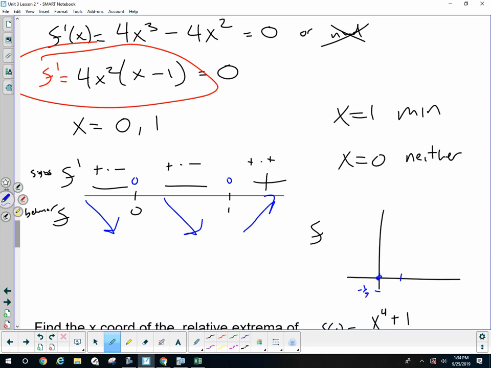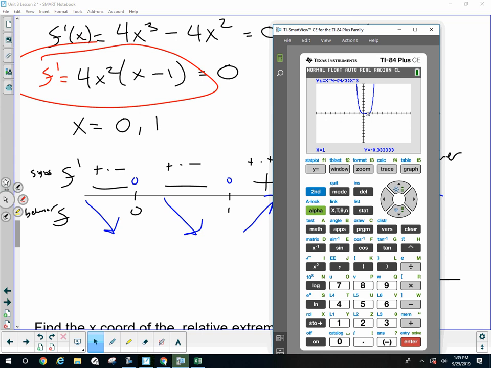Well, I know my function is going down, flattening out, going down, hitting a minimum, and then going up. Right? We just kind of threw that together pretty quickly. Here it is.